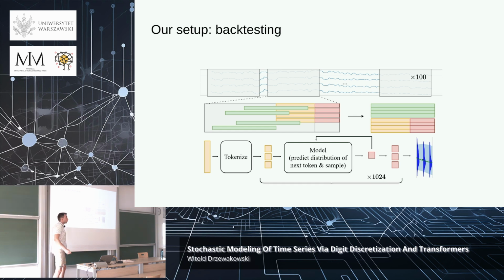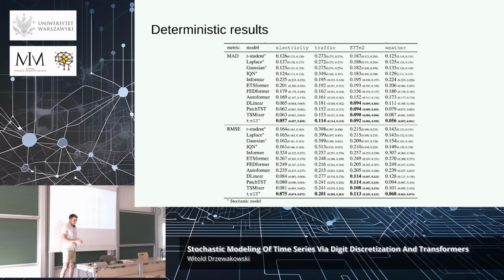So we, of course, avoid the leak from the future to the past by training on some prefix of this window and evaluating on some sort of a suffix. And what we have found is that our very simple approach outperforms certain well-known transformer models on all 4 data sets which we're considering.